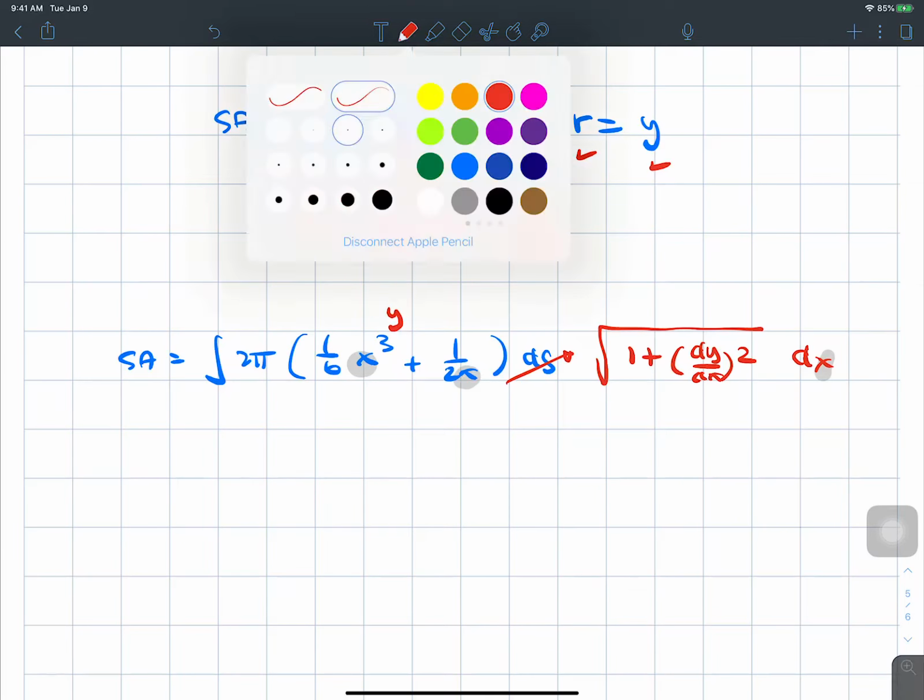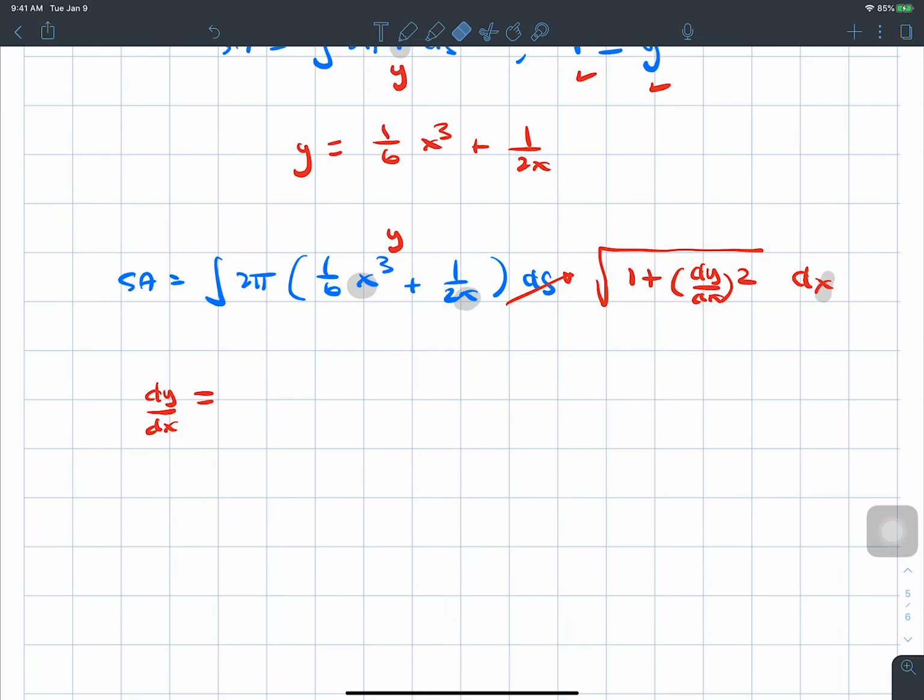Since we have y, which is right up here again, y equals r, same thing. dy dx becomes, let's use some operator notation. d dx of 1/6 x cubed plus 1/2x.